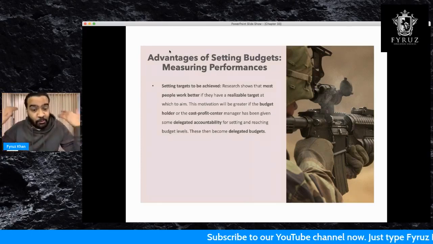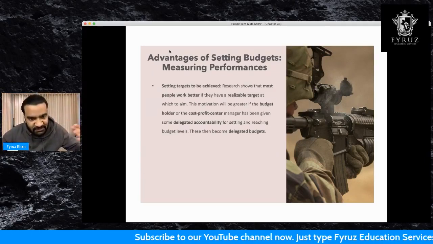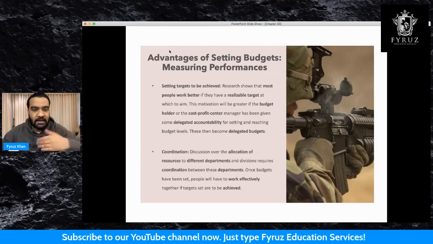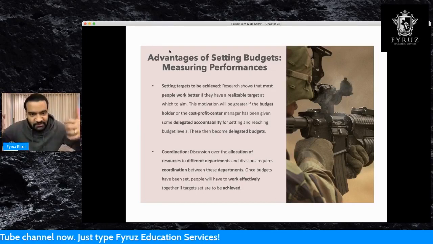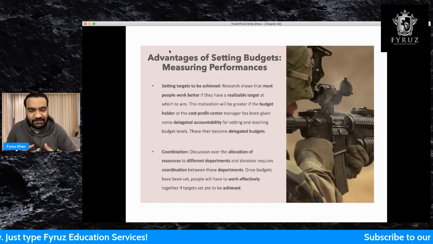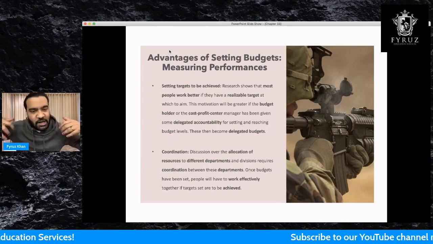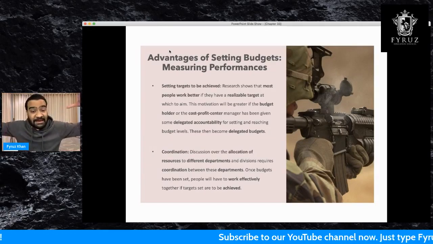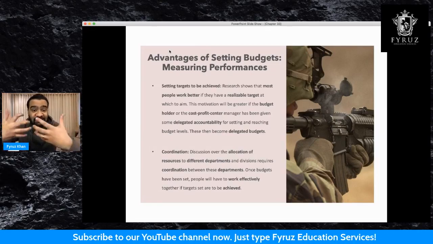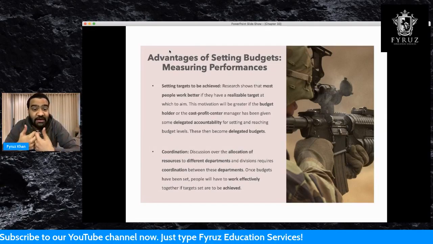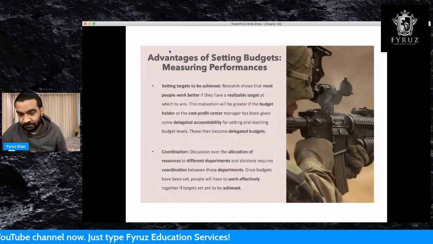When you have targets, you're motivated, you work more productively, more efficiently, and then it helps in coordination. It helps all the departments to work together in tandem. Okay, because business does not work separately, it has many departments inside one business, and all those departments are interlinked with each other. They're all connected to each other.